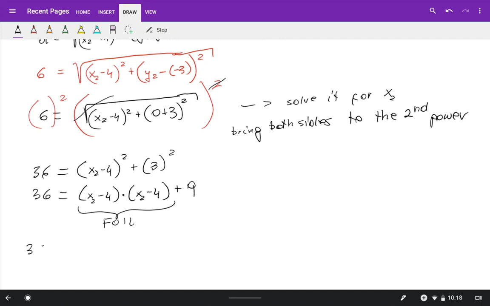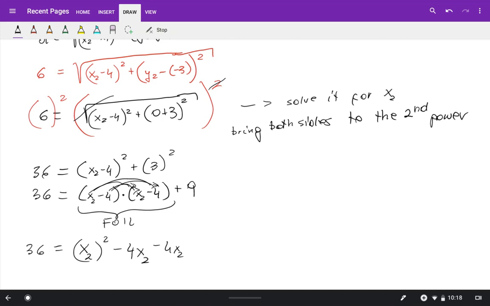We have 36 equals x2 times x2, which gives us x2 squared. Then x2 times negative 4 gives negative 4x2, and negative 4 times x2 gives negative 4x2.